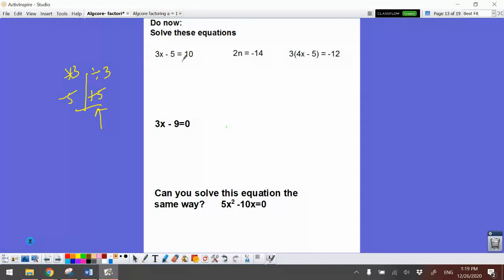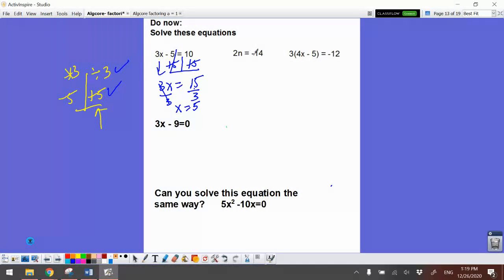So the first thing I'm going to do is add 5 to both sides. This one crosses out. The 3x drops. 10 plus 5 is 15. So I did my first step. So then the next thing I'm going to do is divide by 3. Remember, when we divide, we draw a line. This crosses out because 3 divided by 3 is 1. And 15 divided by 3 is 5. And I have my answer.